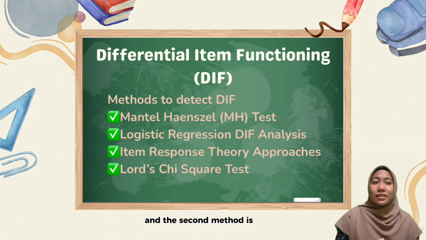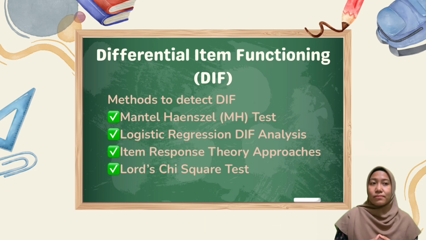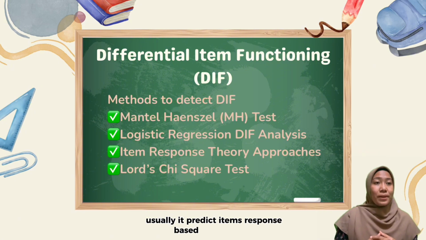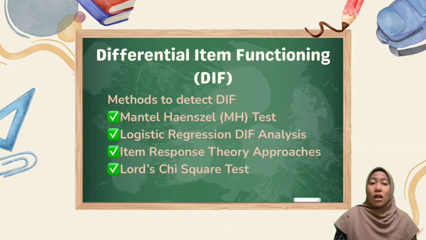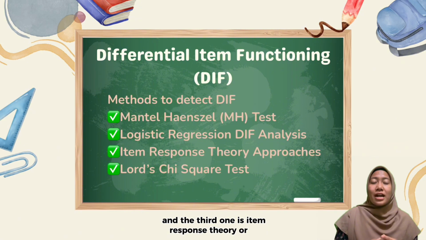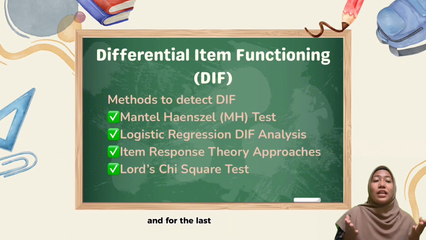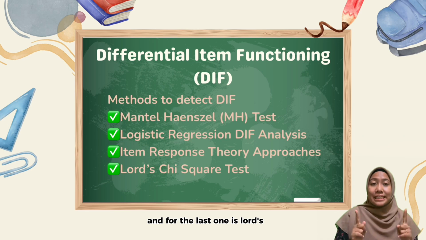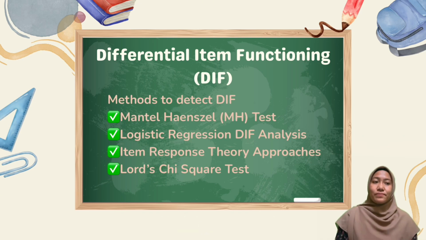The second method is logistic regression DIF analysis. Usually, it predicts item response based on the ability, group membership, and also the interaction. The third one is item response theory or IRT approaches. And the last one is the likelihood ratio chi-square test for the IRT model.